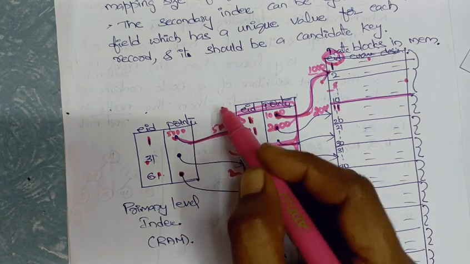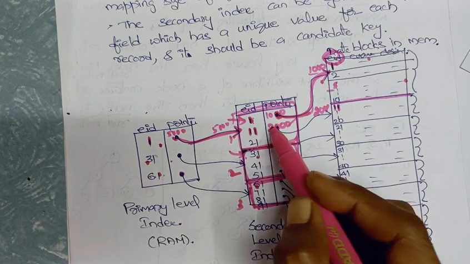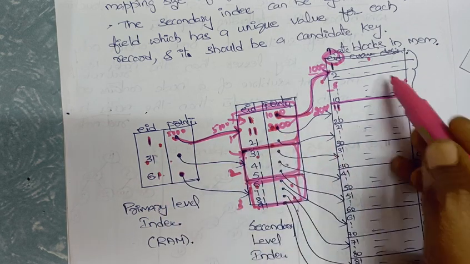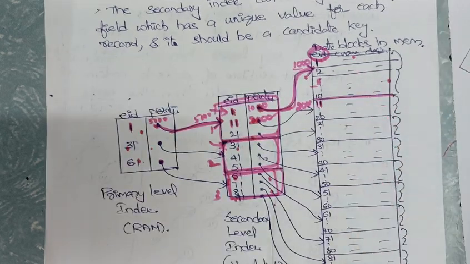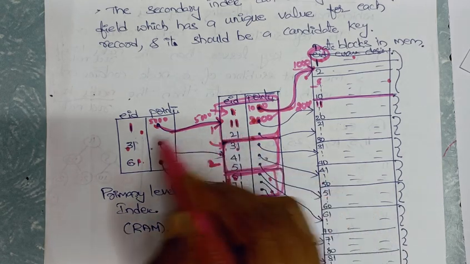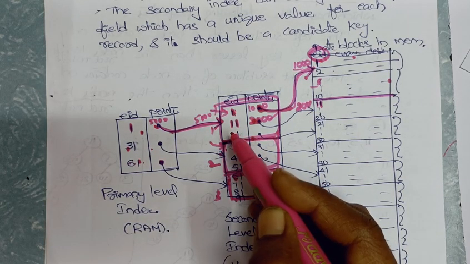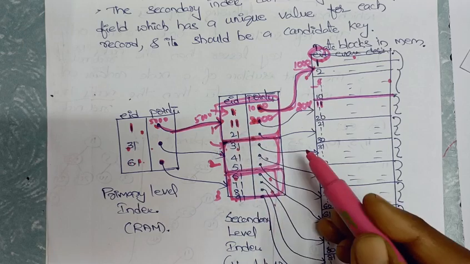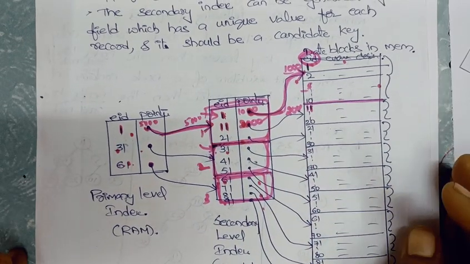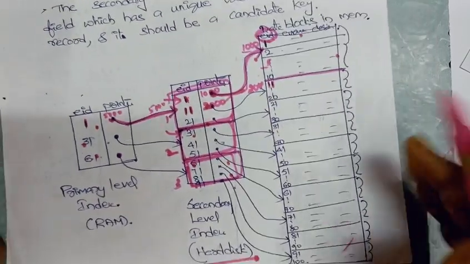Here two index tables are maintained. This is at primary level, this is at secondary level. If the record size is more, then they maintain the two-level indexing technique, that is nothing but secondary level indexing.